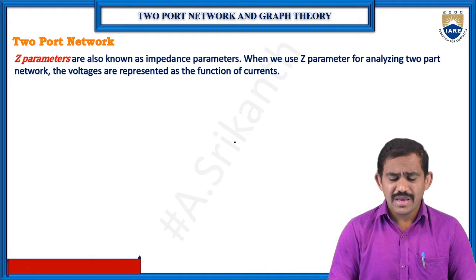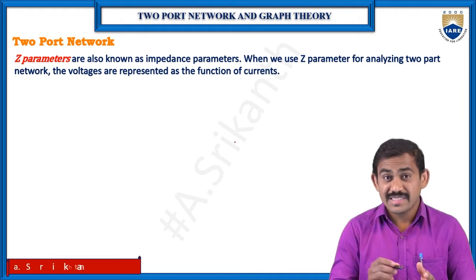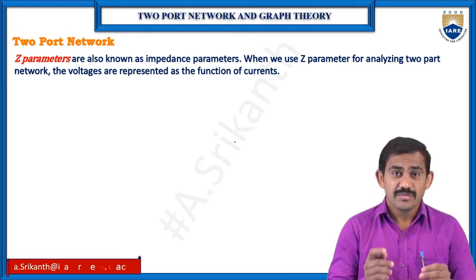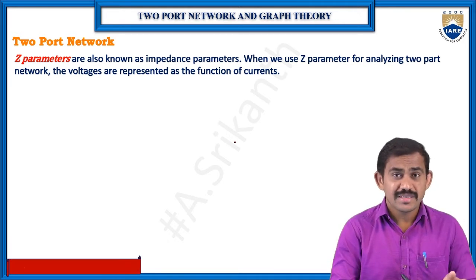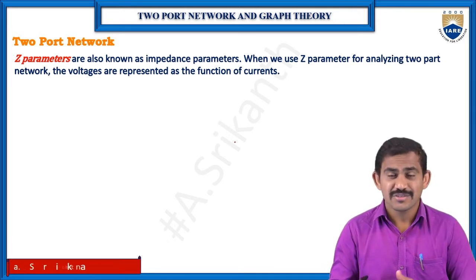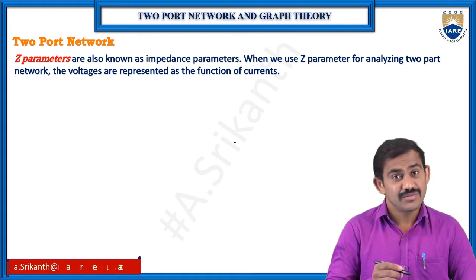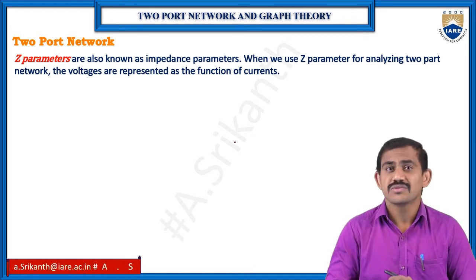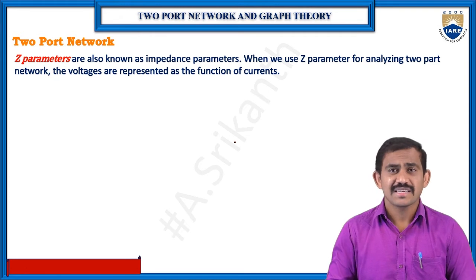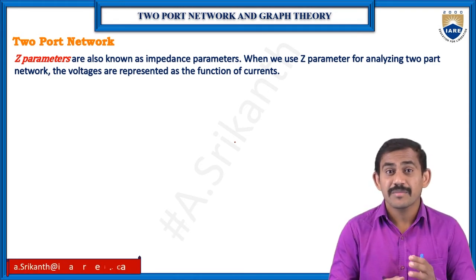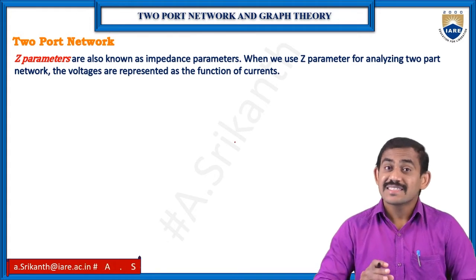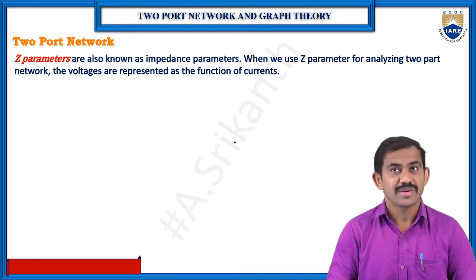Here you can find Z values. Z means primary side as well as secondary side impedance values. On the primary side we have Z11 and Z12, and the same on the secondary side, we have Z22 and Z21. So we can find the primary impedance values as well as the secondary impedance values using these Z parameters.